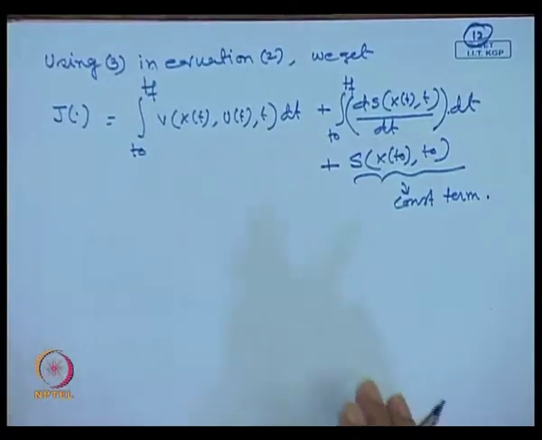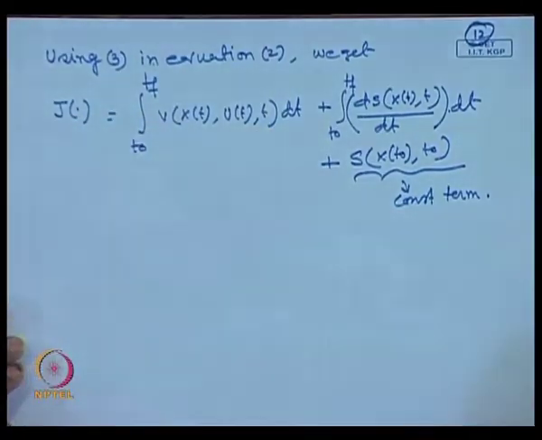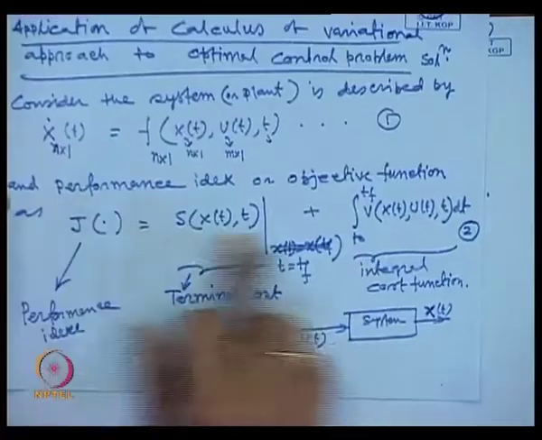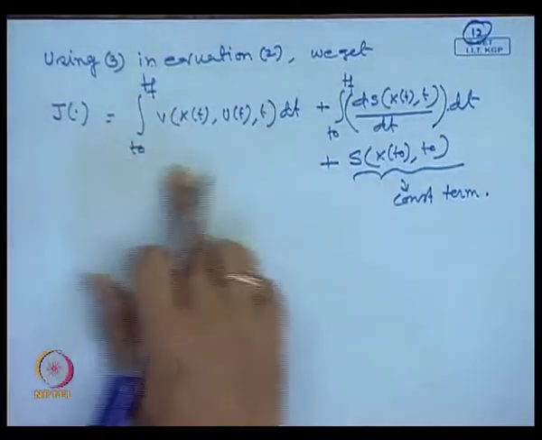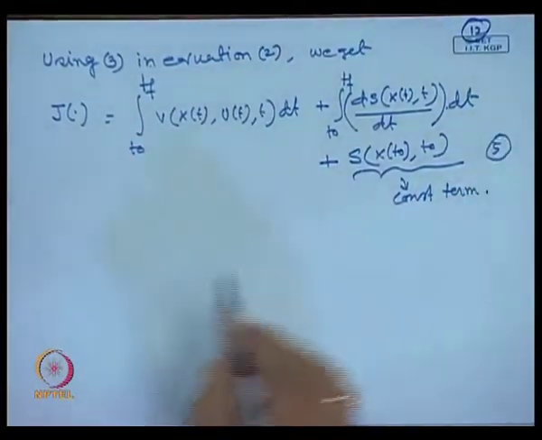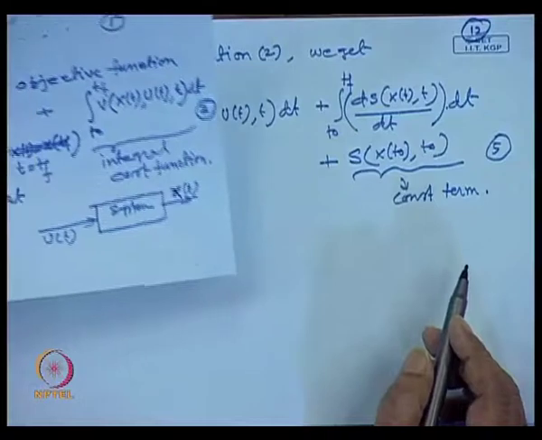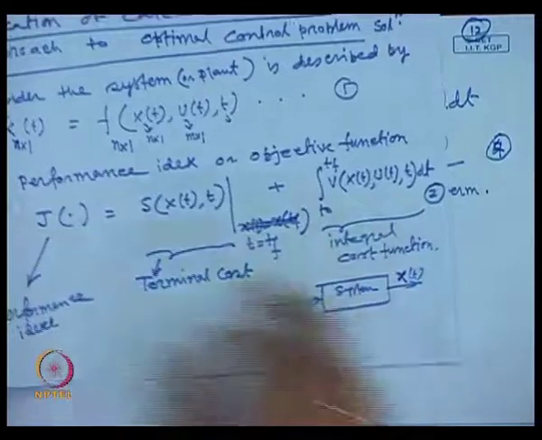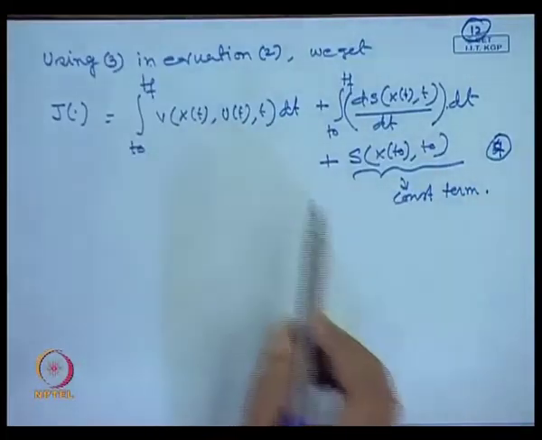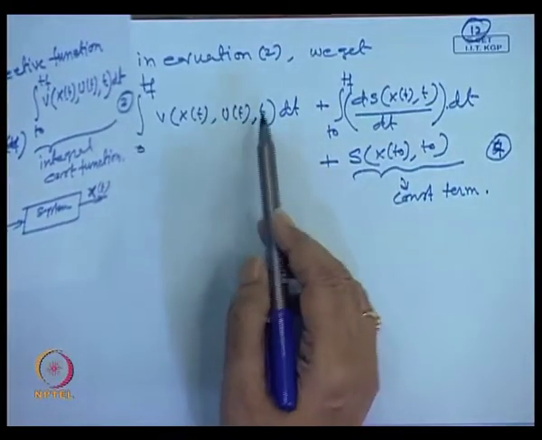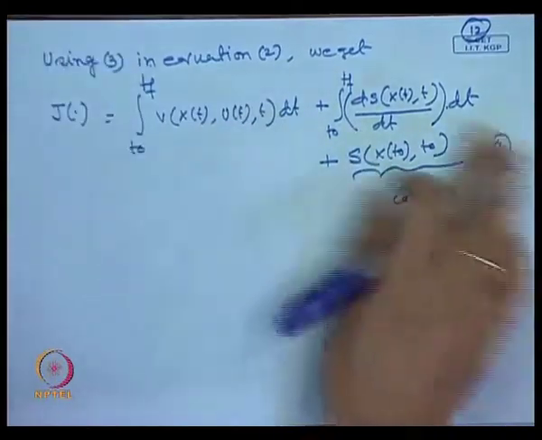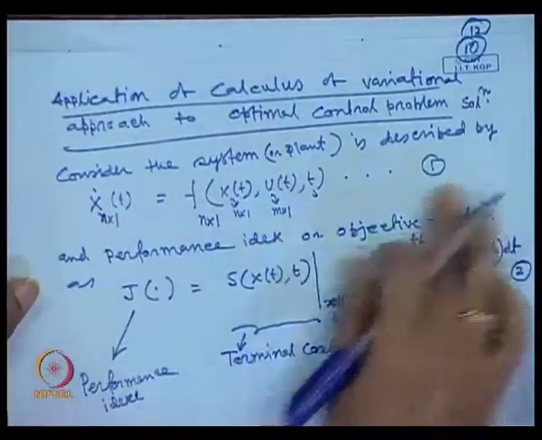Now our whole problem is this: instead of minimizing this one, minimize this term, let us call it equation 4. Agree? This is equation number 2, this is 3, and this is 4. Minimizing equation 4 is the same as minimizing equation number 2. You find the optimal value of control u such that this is minimized as well as the constraint equation is satisfied.